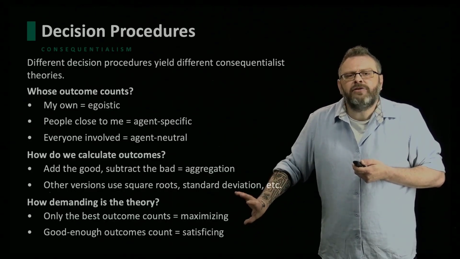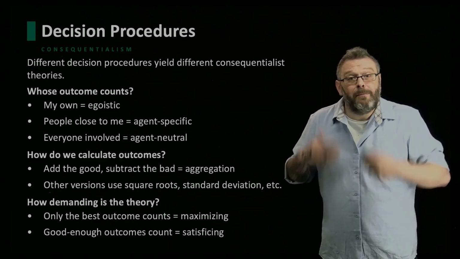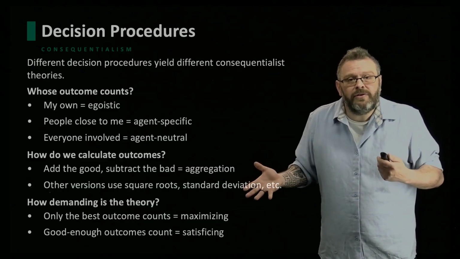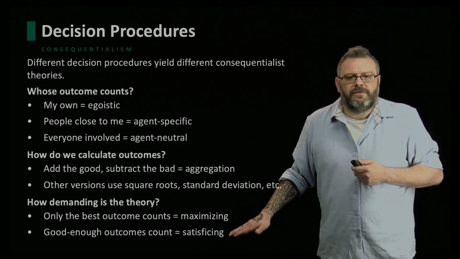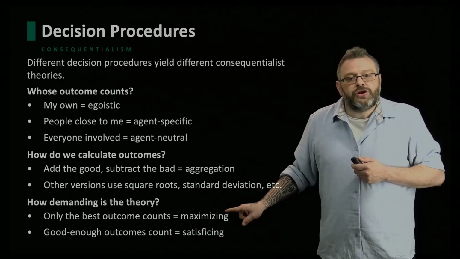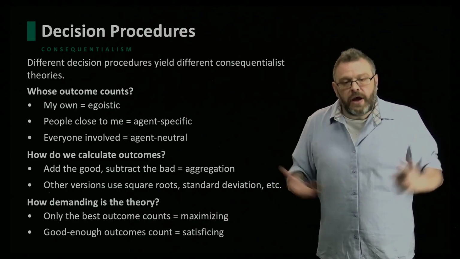And then, how demanding are we talking about here? Do we want to bring about the best possible consequences, or do we just want to bring about good enough consequences? For our purposes, we're just going to focus on maximizing, okay? So we're trying to keep things simple.